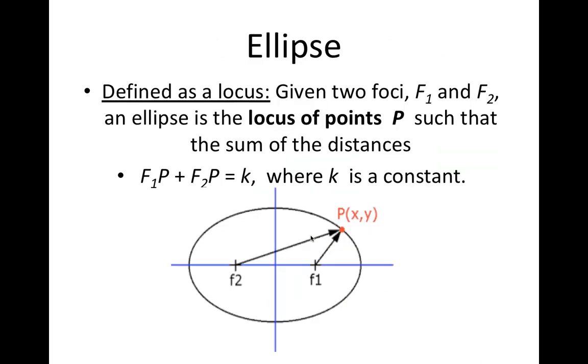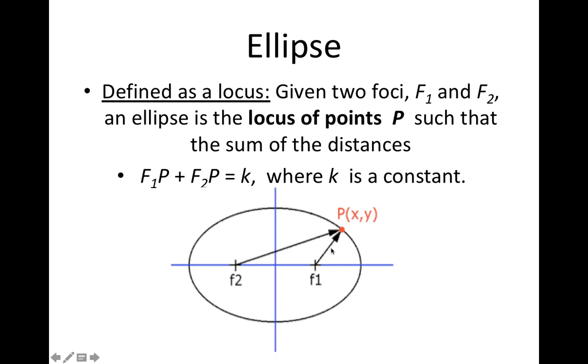So a circle is the set of all points equidistant from a fixed point, which we call the center, in a plane, of course. An ellipse is just a slight variation of that. It has horizontal symmetry and vertical symmetry, but the vertical distance isn't nearly as much as the horizontal distance.